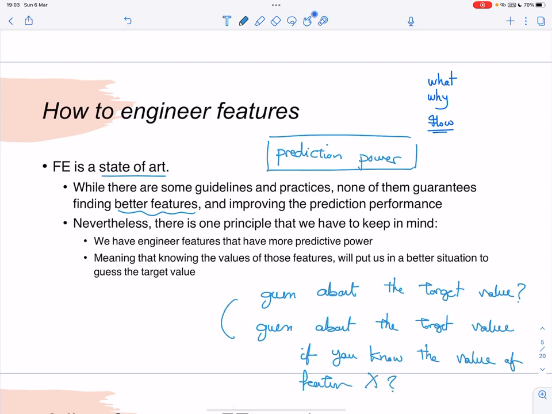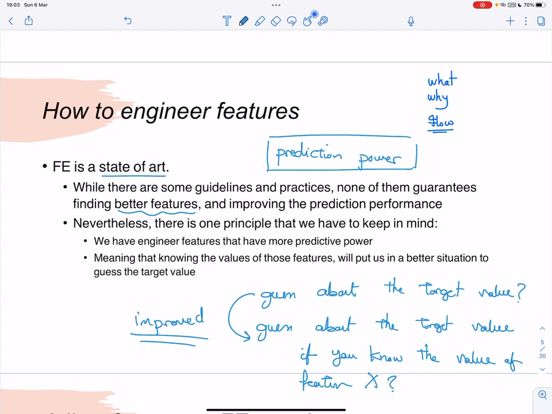If your guess is improved, or better to have this error reduced, then this feature X had some prediction power.